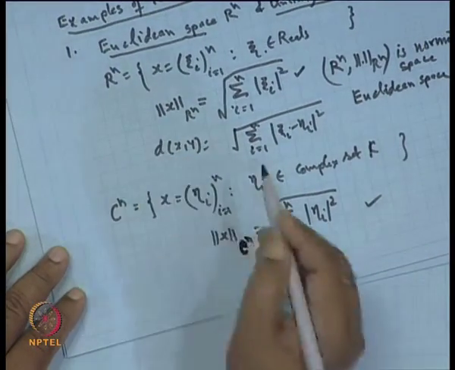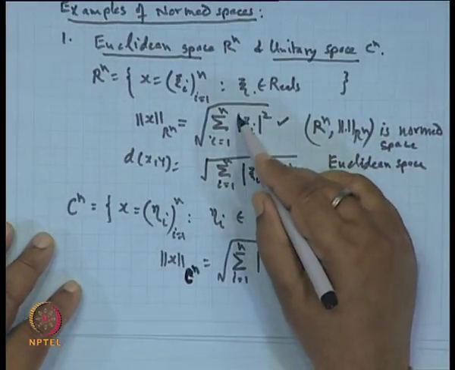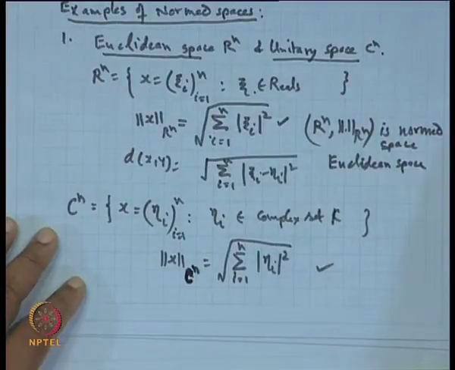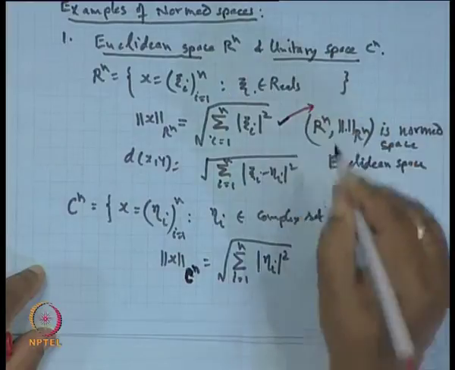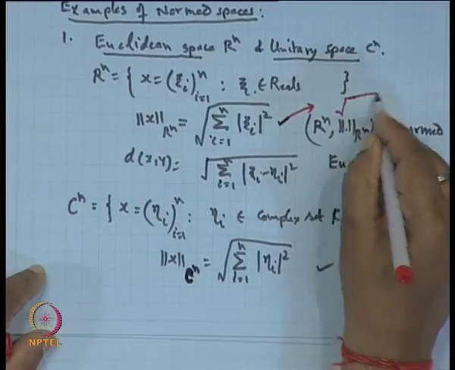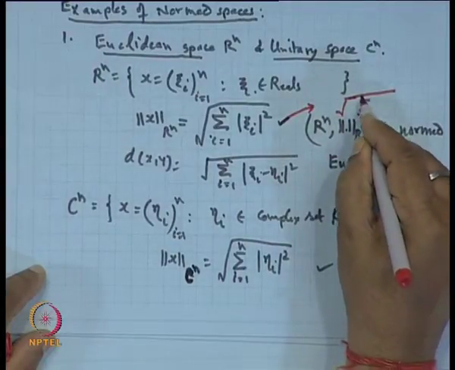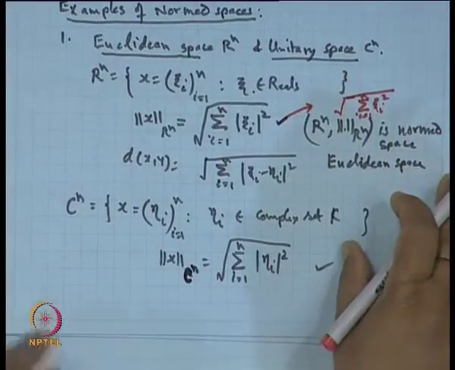can be written also. There is no point of writing the modulus here. You can write it in this form. This should in fact be written like this: under root, sigma i is 1 to n, x i square, that is all. Why?